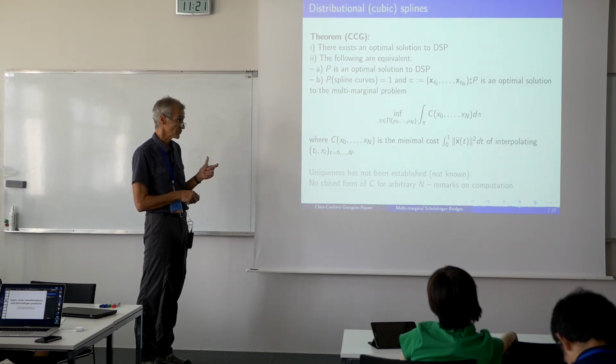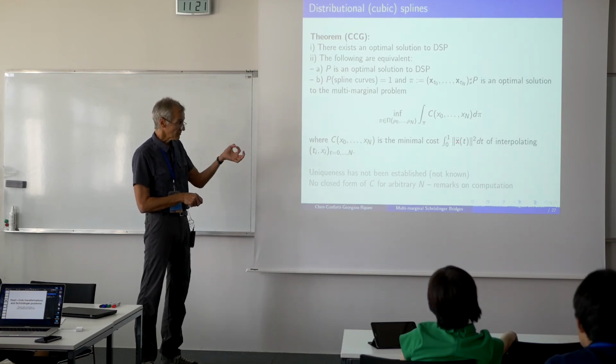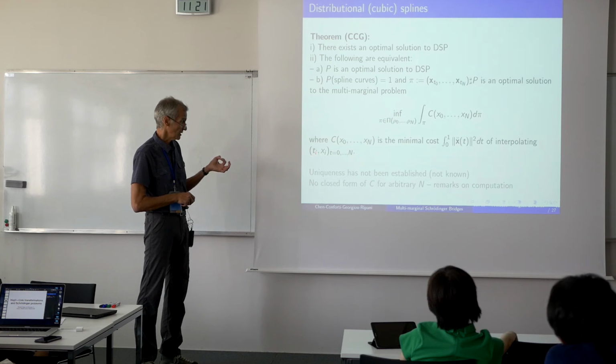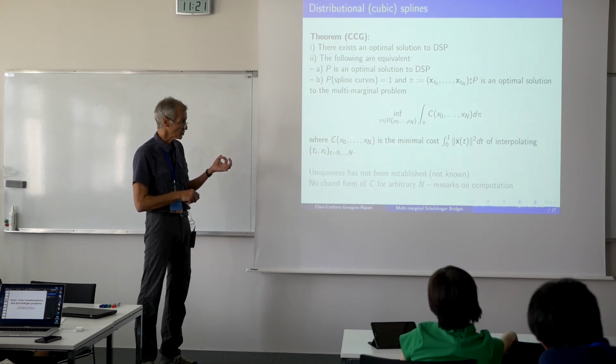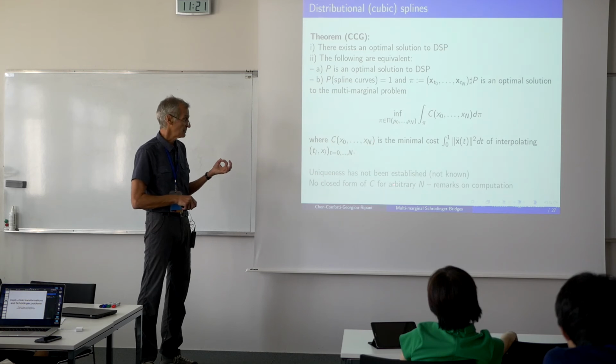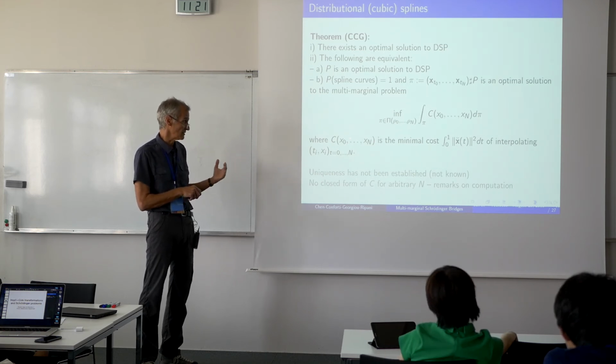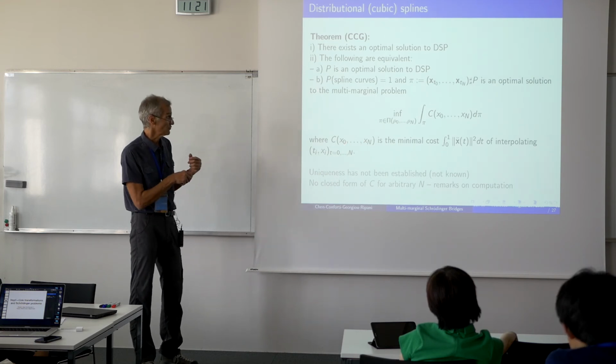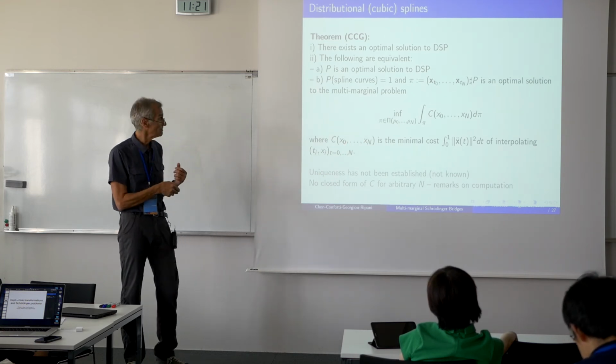And the cost is the cost of transporting a single particle between positions x0, x1 up to xn. Now, a closed form expression for this doesn't exist, but if you have 3 points, you can do something, and in general, you can write it as a minimizer of something which is easy to handle. Now, uniqueness for this has not been established.